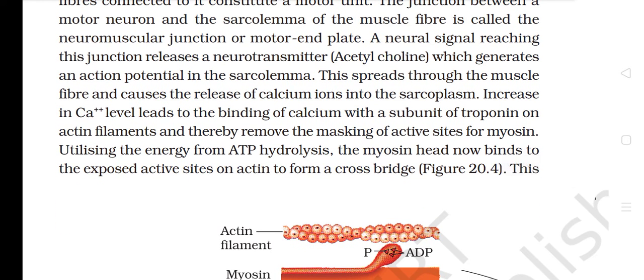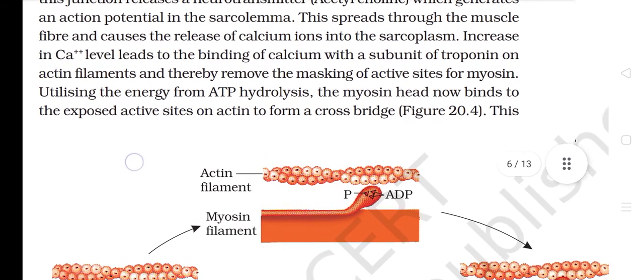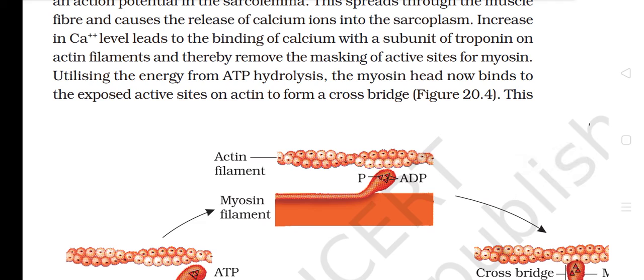This spreads through the muscle fiber and causes the release of calcium ions into the sarcoplasm. Increase in Ca2+ level leads to the binding of calcium with a subunit of troponin on actin filaments and thereby removes the masking of active sites for myosin. Utilizing the energy from ATP hydrolysis, the myosin head now binds to the exposed active sites on actin to form a cross bridge.